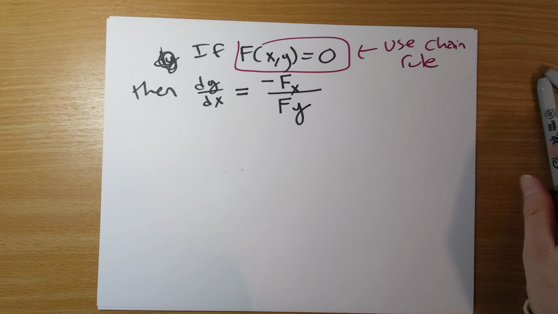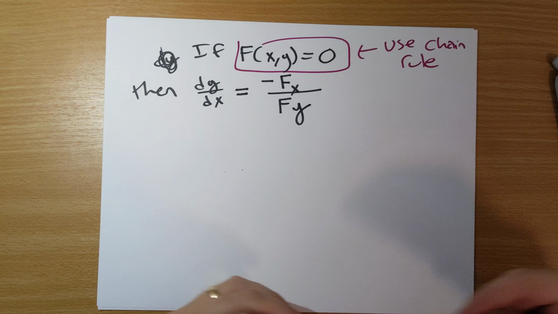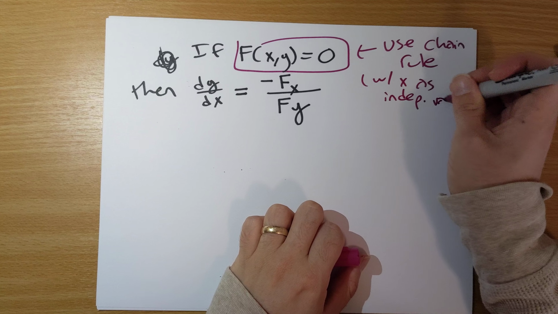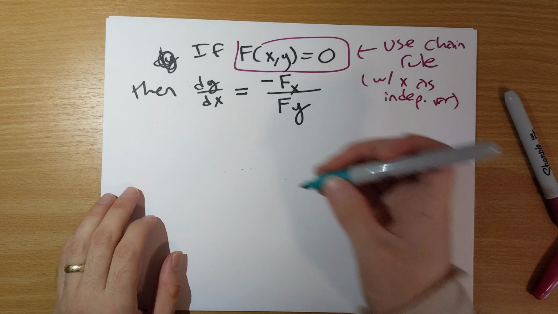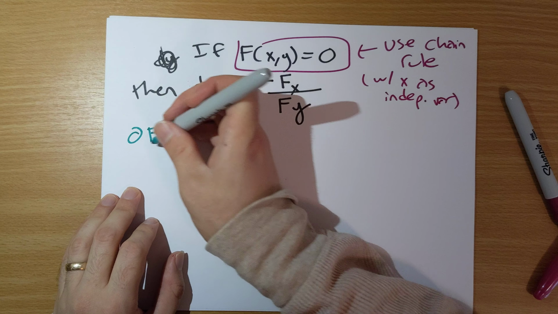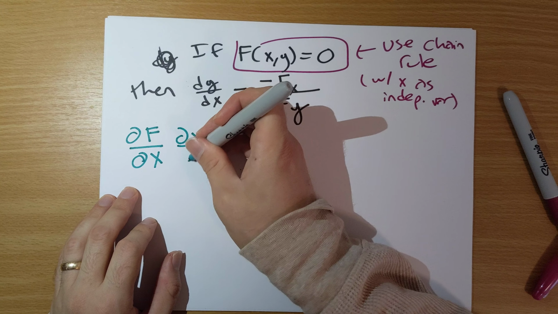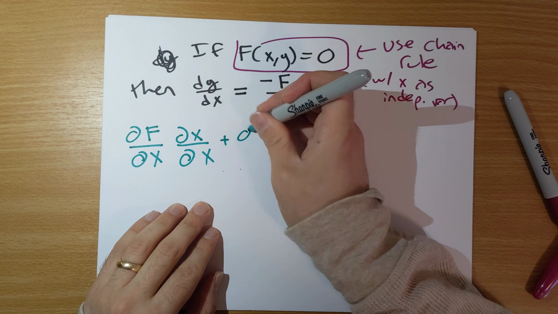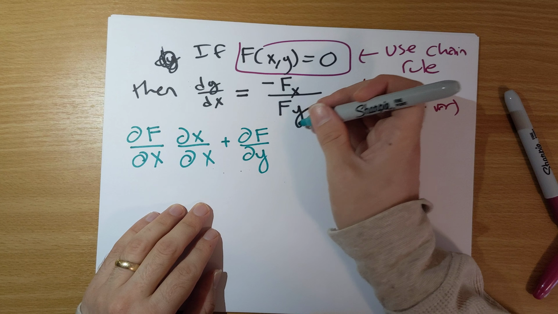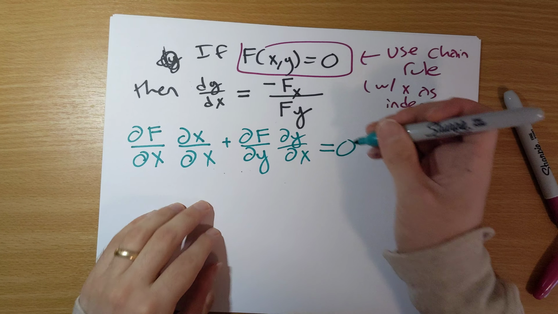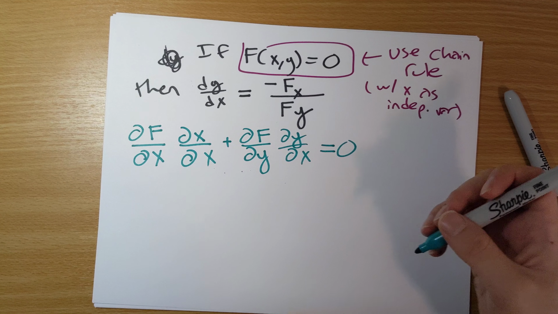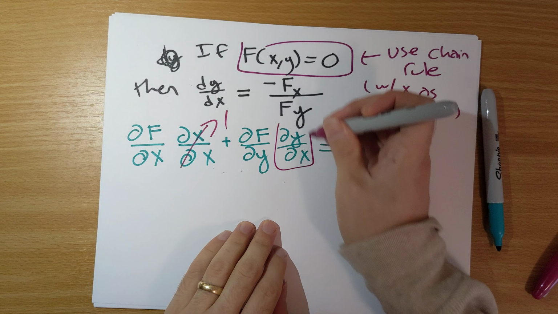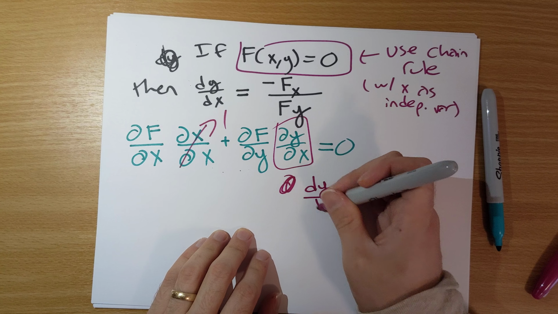Taking the derivative of big F with respect to x, using the chain rule with x as the independent variable, we can say that the partial derivative of big F with respect to x times the partial derivative of x with respect to x, so this x is playing two different roles, the intermediate variable and the underlying variable, plus the partial derivative of f with respect to y times the partial derivative of y with respect to x, is going to equal 0. The derivative of x with respect to x is just 1, and I should really write this without the partial derivatives, dy dx here.